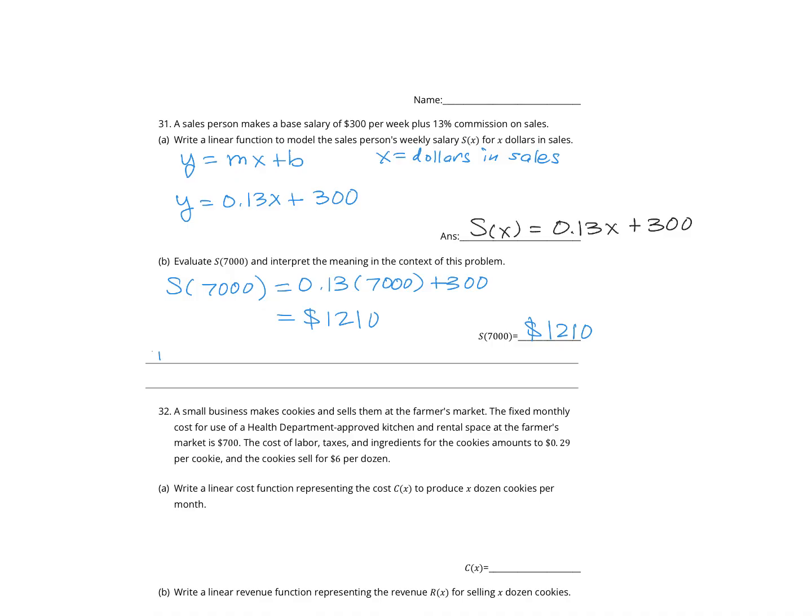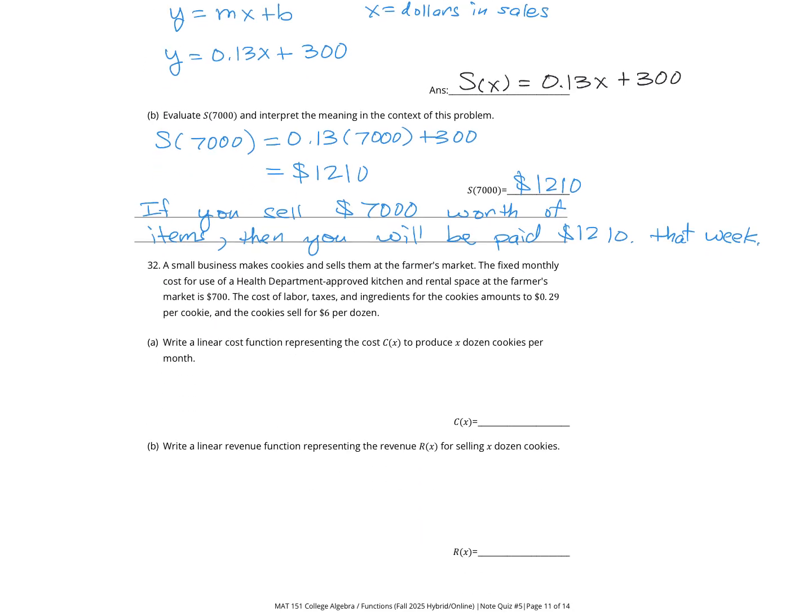And the idea is that if you sell $7,000 worth of, let's just say items, then you will be paid $1,210. Don't forget your $10. Every dollar matters, right? That week.